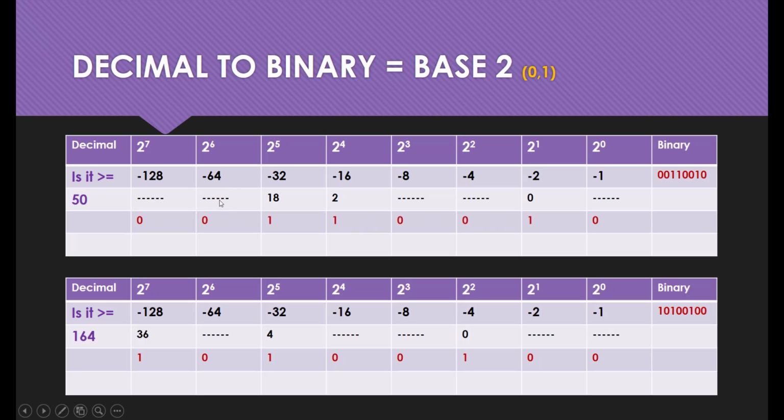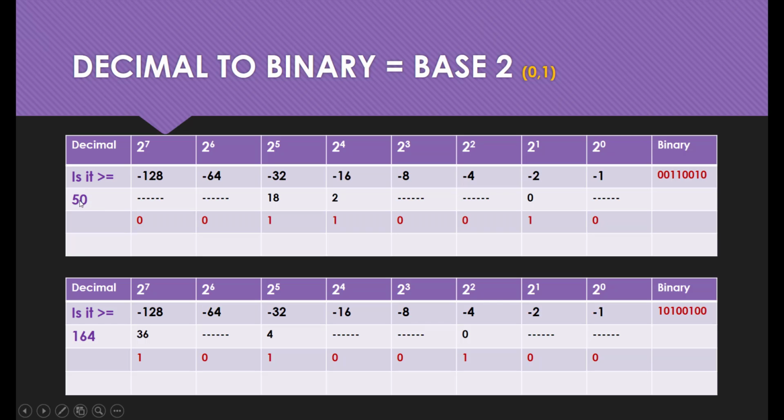Now there's another condition we must consider, and it's not right here, but we need to consider it in our mind, and that is that this 50 also must be less than the previous column. So if you take this argument 50 with 64, we can see that 50 is not greater than 64, so it doesn't pass in this case.